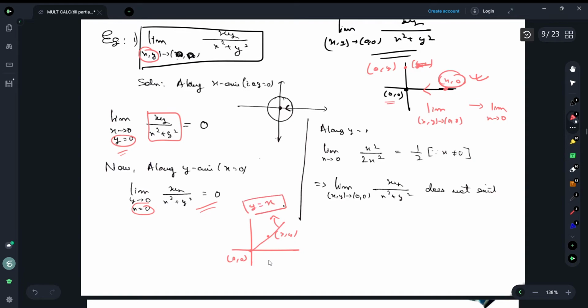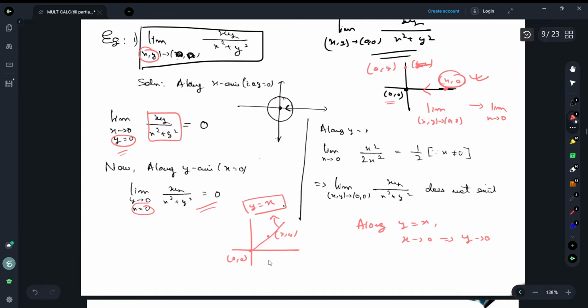Clear? Got it. Now, if this point is on the curve y equals x, then we can obviously say that along y equals x, x tends to 0 implies y tends to 0.